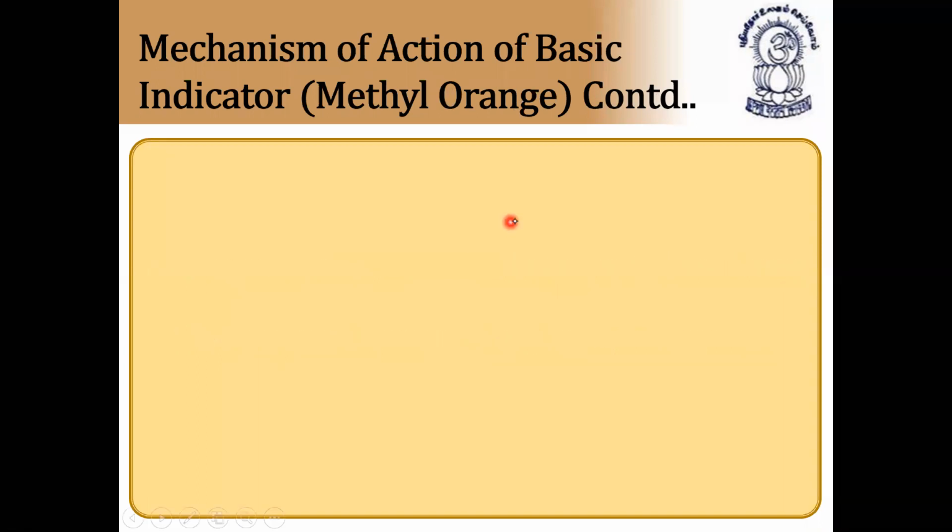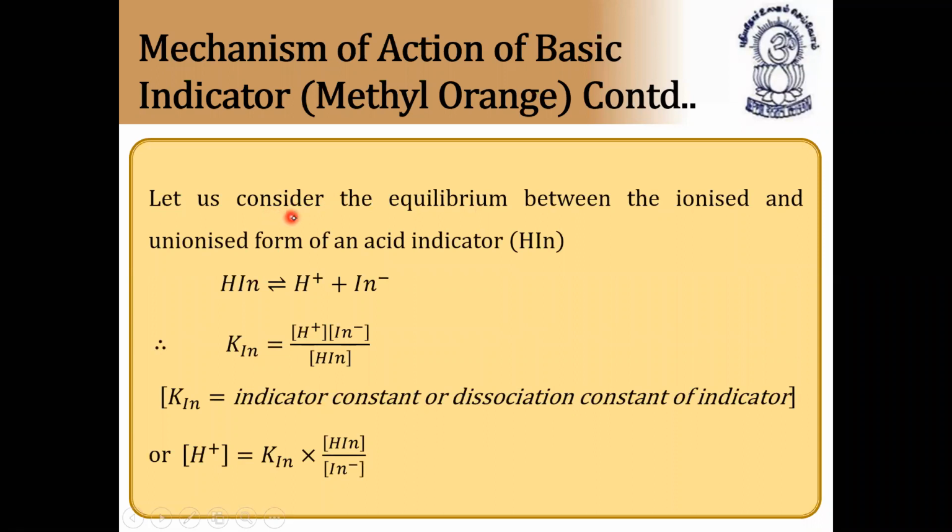Next, continuation. Let us consider the equilibrium between the ionized and unionized form of an acid indicator, HIN. HIN changes to H+ and IN-. The equilibrium constant KIN is equal to the concentration of products by the concentration of reactants.